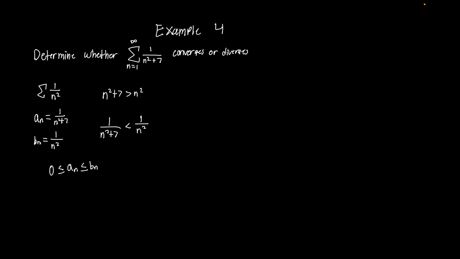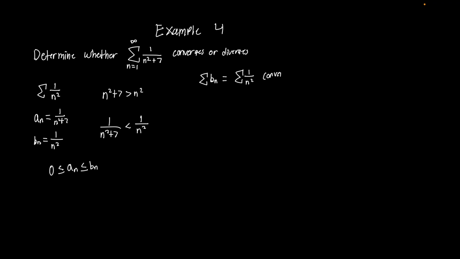So we know that in this theorem, if the bigger series converges, then the smaller series will also converge. And the bigger series, in this case, is 1 over n squared. So we need to check if this one converges. We know that this series converges by the p-series, this is a p-series with p equals 2. And since 2 is greater than 1, this series converges.